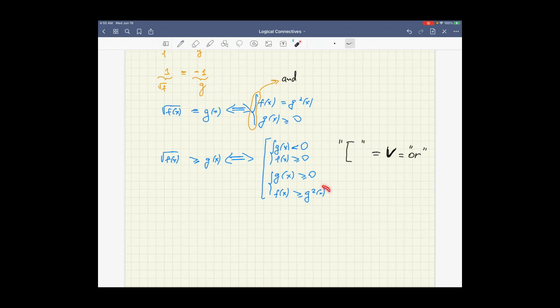And I could go back from this, right? If I were to take square roots, under the assumption that G is non-negative, I could get rid of the absolute value and get back the same inequality.